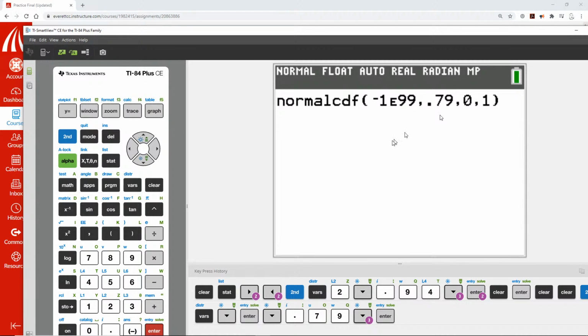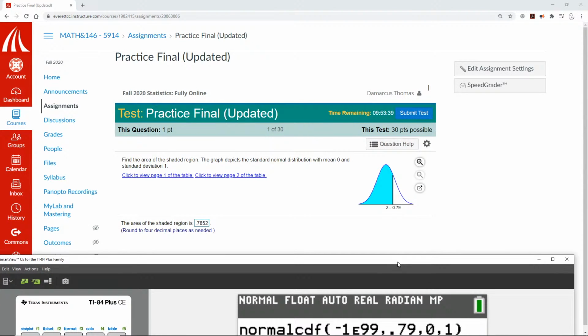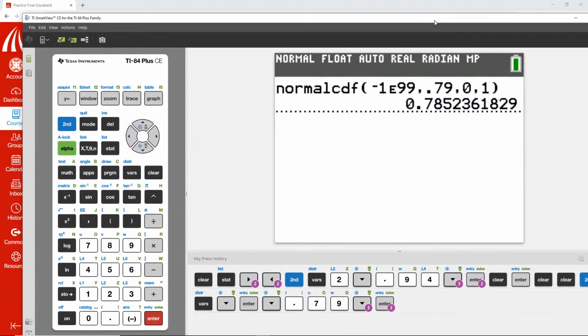If you don't have Stat Wizard on, it's not going to prompt you. You're just going to get this, and you need to know the order of the 4 things you have to put in. So it's the lower bound, upper bound, mean, standard deviation. Hit enter, and we got 0.78523, which rounds to 0.7852.